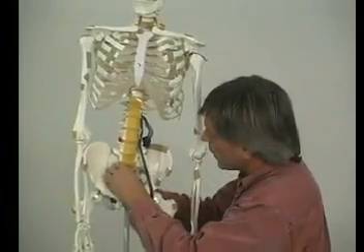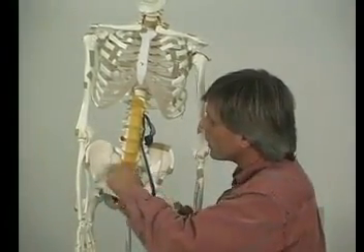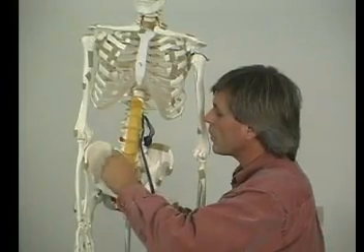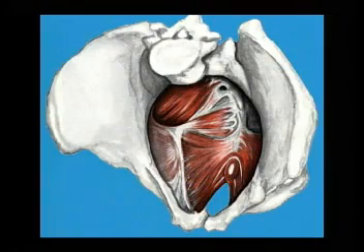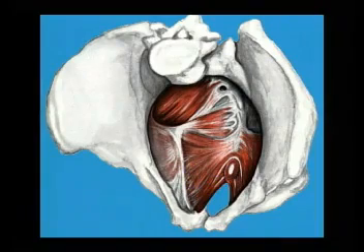We go down around, I've got to get around this metal stuff here, and down onto the tailbone, across the pelvic floor, which you can see in the slide there. See how that pelvic floor, especially the pubococcygeus muscle, is just an extension of the anterior longitudinal ligament coming across the floor of the pelvis.